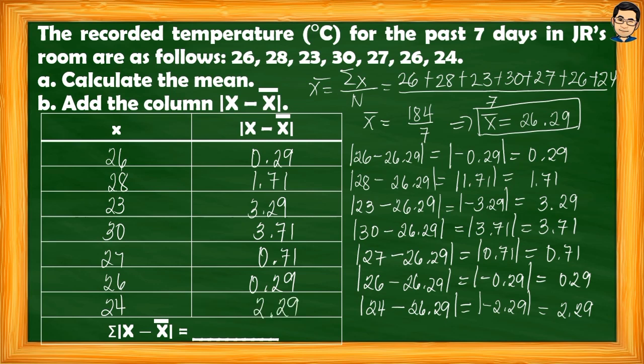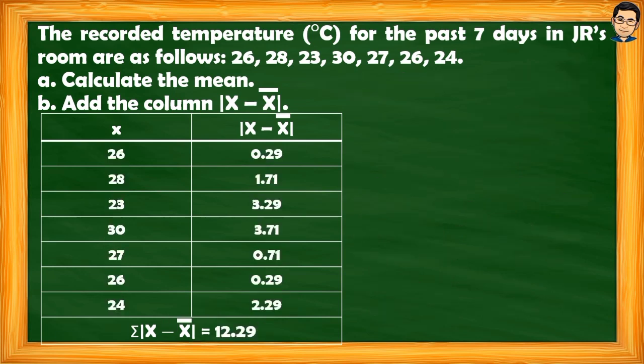So, last step, let us just add the differences we got. So 0.29 plus 1.71 plus 3.29 plus 3.71 plus 0.71 plus 0.29 plus 2.29. So the sum will be 12.29. So the summation we got is 12.29.